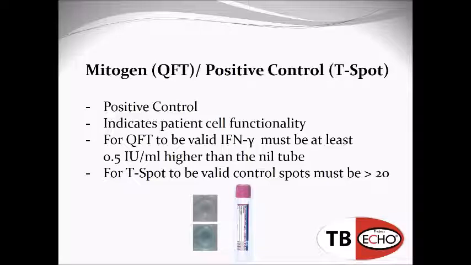The other thing that this measures is whether the blood has been processed correctly or whether it was transported correctly. So it also has to do with how the blood was handled. So for the QuantiFERON to be valid, the interferon gamma must be at least 0.5 international units per milliliter higher than the nil tube. And in the T-spot, it must be over 20.